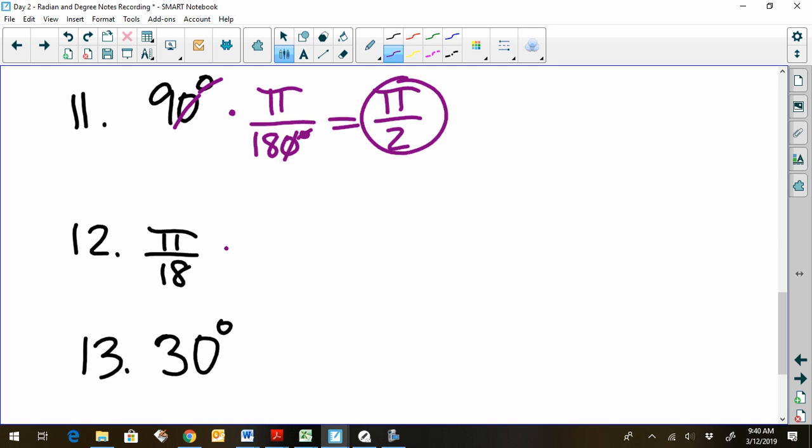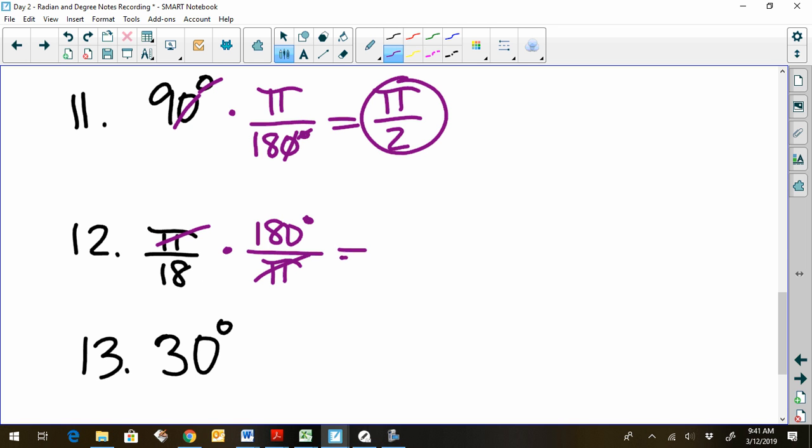So now we'll multiply, and we want to get rid of pi. So what I'm going to do is put pi on the bottom now, and 180 degrees on the top. So I just switched which one goes where, depending on what I'm looking for in the end. Now my pi's will cancel. 180 divided by 18, you guessed it, and you get 10 degrees. So these cancel.